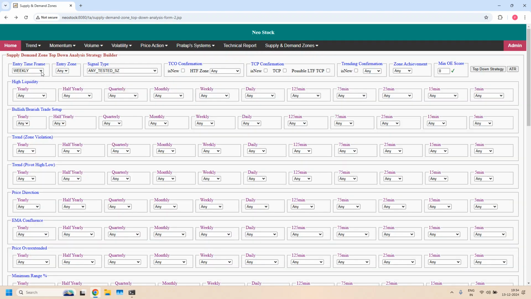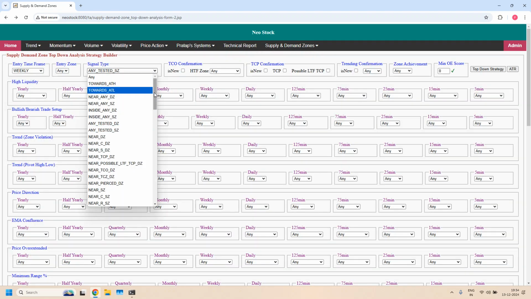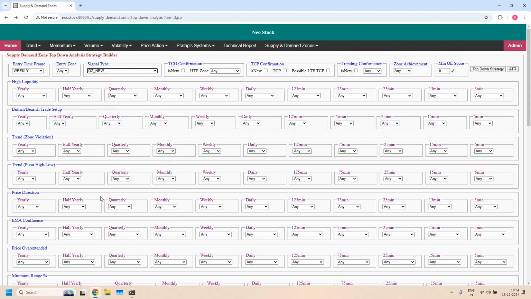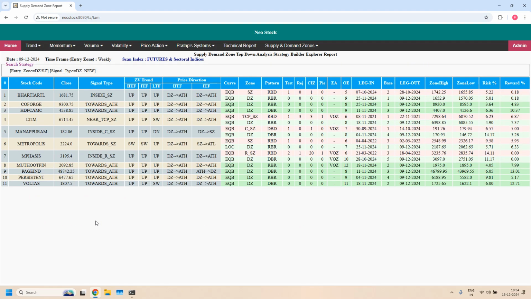newly created weekly zones. For weekly time frame, let us find the demand zones created during this week, the newly created weekly demand zones. So these 11 stocks are having newly created weekly demand zones.